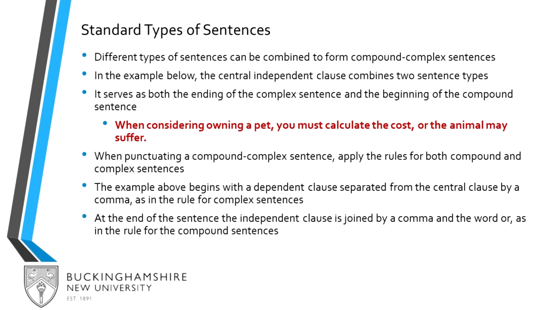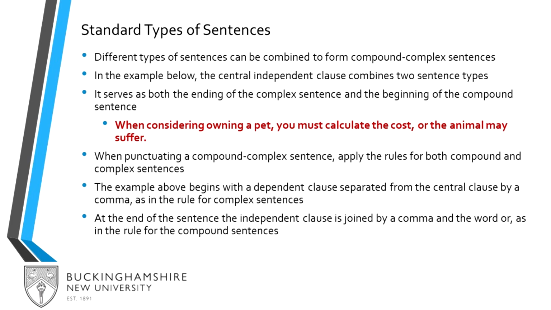Okay, so that central part, you must calculate the cost, actually acts as the independent clause, which combines two dependent clauses. Okay, because "when considering owning a pet" won't stand alone, and "or the animal may suffer" wouldn't actually stand alone. And this is actually the typical rule for combining both the compound and the complex sentence.